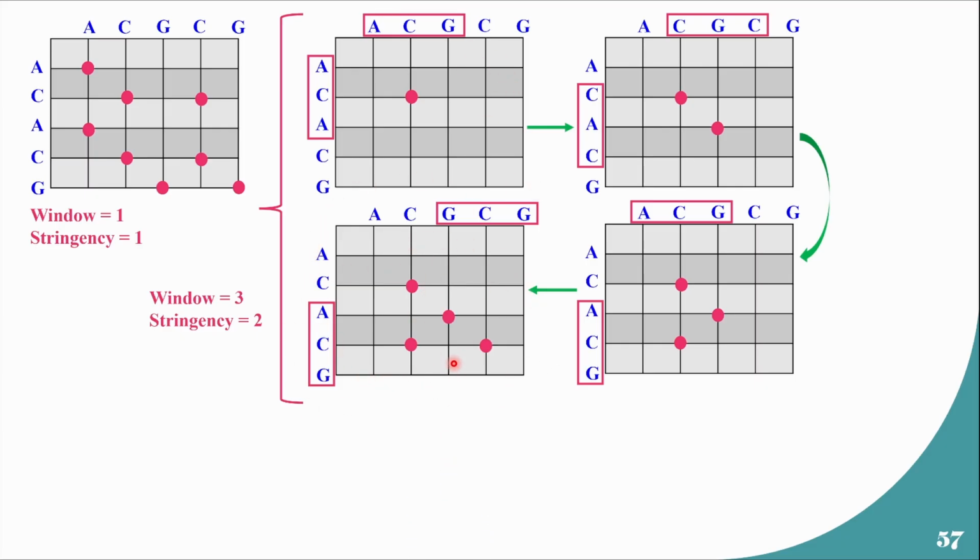Now, in this particular case, if you just visually look at this one, on both hand sides, you see the projection is not matching. It is CGC versus CGC, CGC versus CAC, not an exact match, quite similar, but you could argue that it is probably not a better match than what we had in the window size one and stringency one. But that is because here the number of components in the sequences was very low, right?